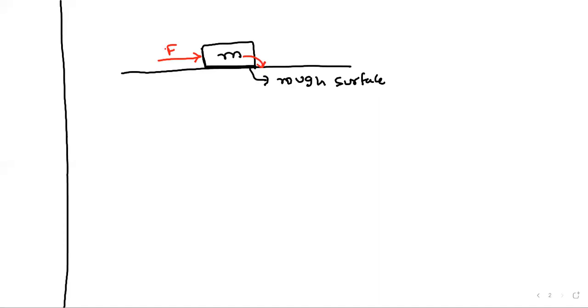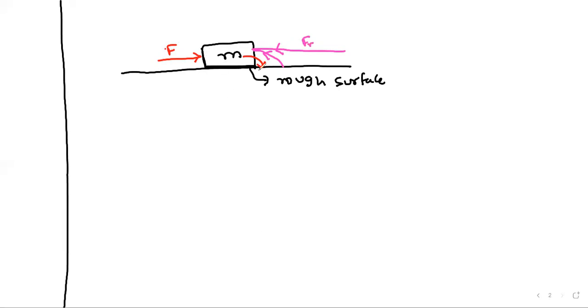According to Newton's third law, for every action there will be an equal and opposite reaction. A force acts on the object; the force which is applied on the object you can call the force of reaction. I'll call it FR.